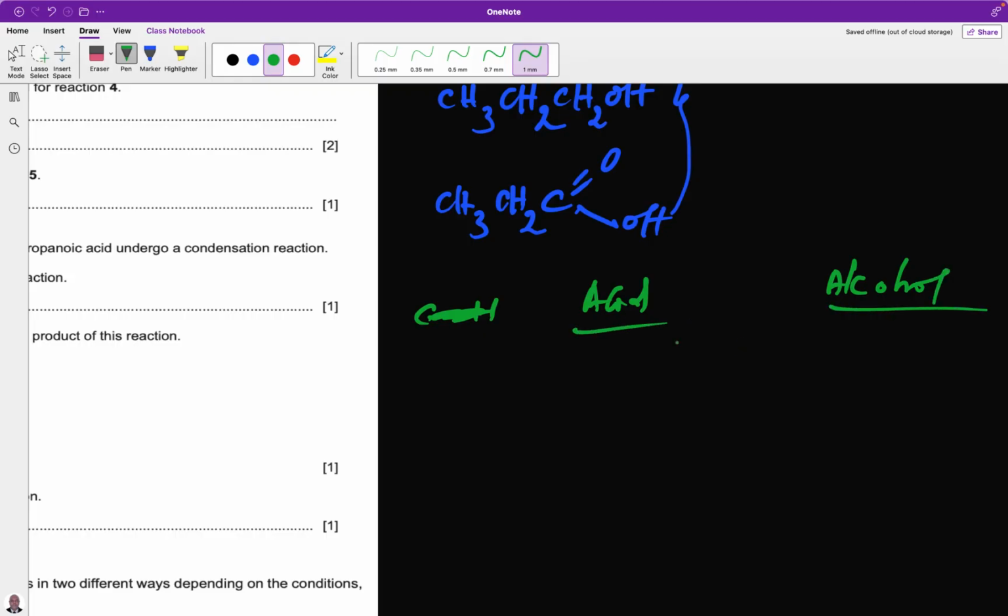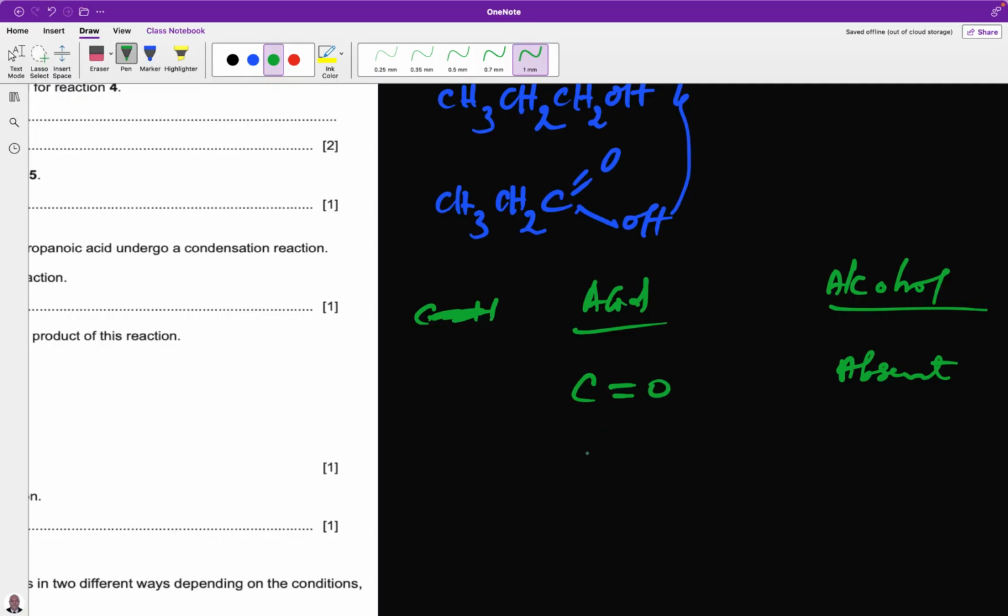What is the difference? The acid will have the carbonyl group. It is absent in alcohol. The carbonyl functional group is present in carboxylic acid, in propanoic acid, but it is not there in propan-1-ol.